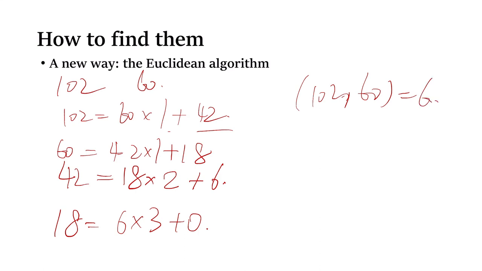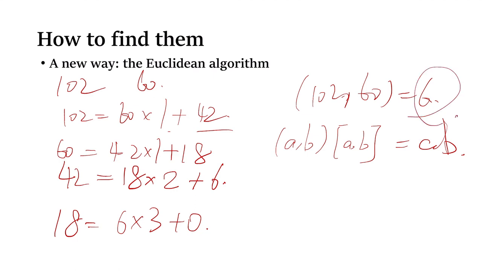Actually, there's another rule that for all positive integers, or natural numbers, the greatest common divisor of the two numbers times the LCM equals A times B. So after you figure out the GCD is 6, you can just figure out the LCM.